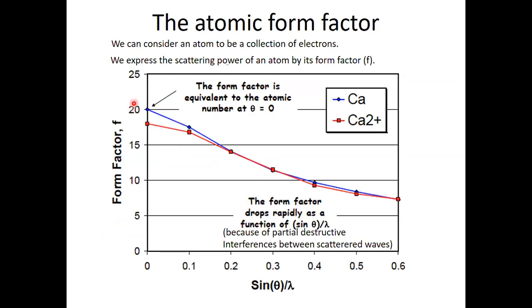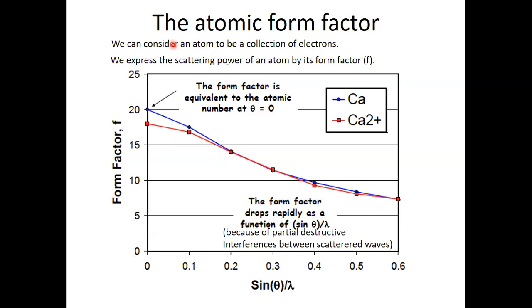Okay, so now this is being accounted for by the so-called atomic form factor. So generally, we can say that the scattered intensity is an integer multiple of the number of electrons. So when we have 2 electrons, then the scattered intensity is 2 times. When we have 4 electrons, then the scattered intensity is 4 times.